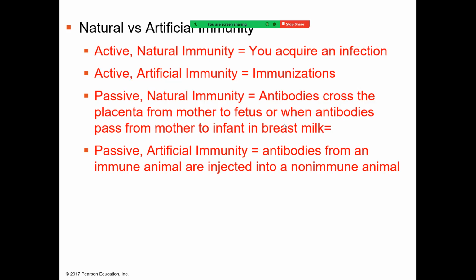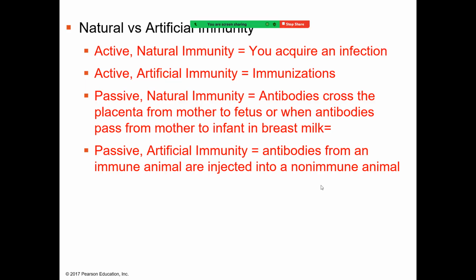Babies are very sensitive to infections because their adaptive immune system has not seen anything yet. So the more antibodies that mom can share with the baby, the safer that baby will be until they are able to get all of the immunizations that they require. So passive natural immunity: antibodies pass from the mother either through the placenta while the baby is gestating in utero, or through the breast milk while the baby is breastfeeding after birth.